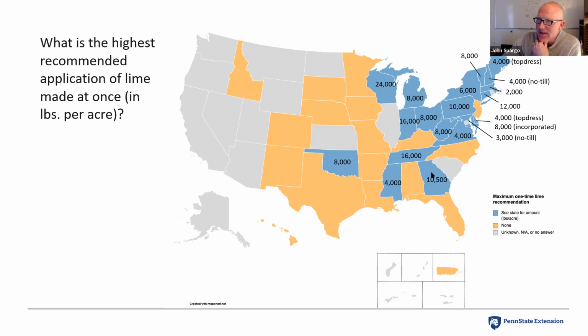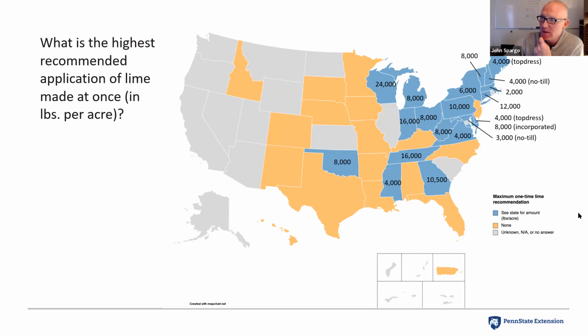And I imagine a lot of this depends on a couple of things. One is the management systems that they're working in, crop rotations and opportunities to get in lime, whether or not continuous no-till is a large part of the management practice. And then the other one is whether we're assuming some standard grade of lime that everyone gets or specifying calcium carbonate equivalents or neutralizing value.